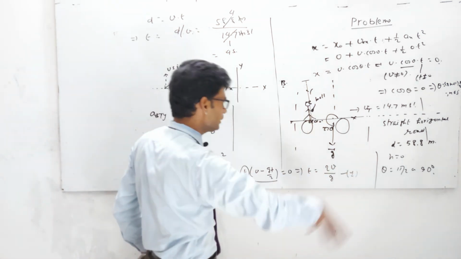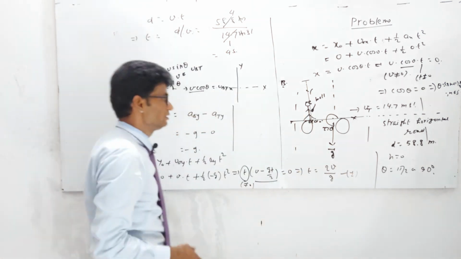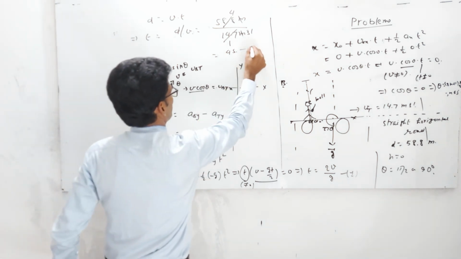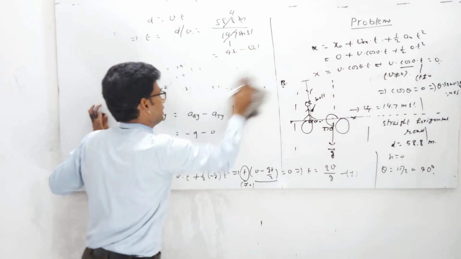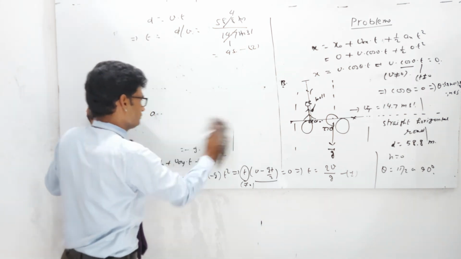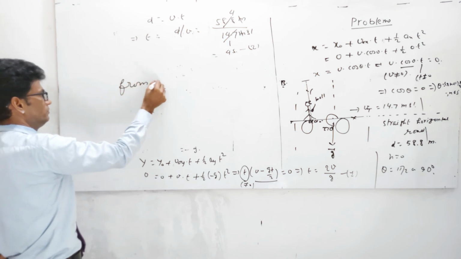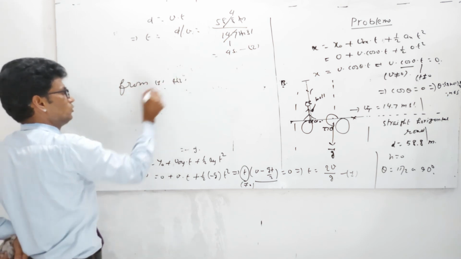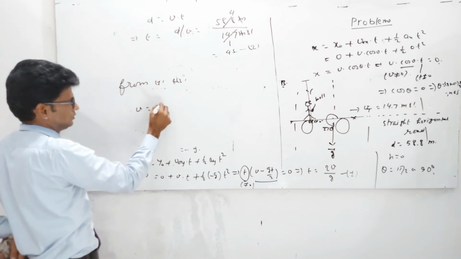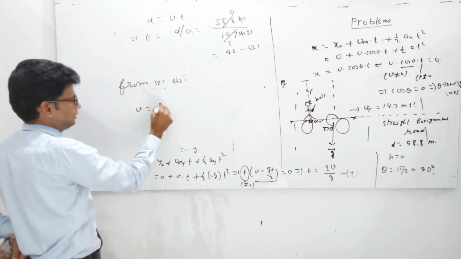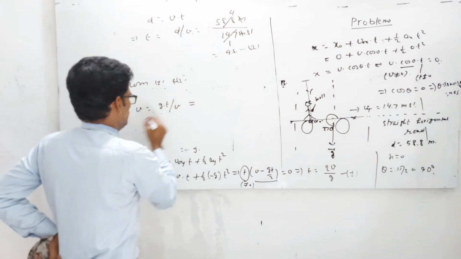Now in that total time of journey, this is 2v over g. So take it as equation number 2. Now from equation 1 and 2, v is equal to g t over 2. What is g?